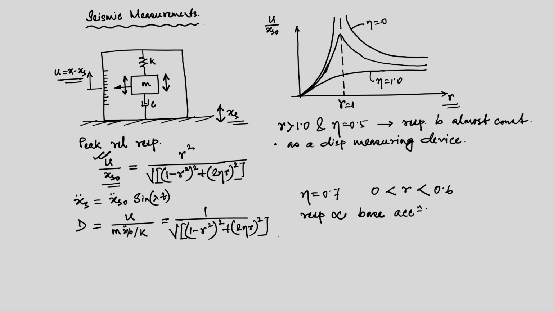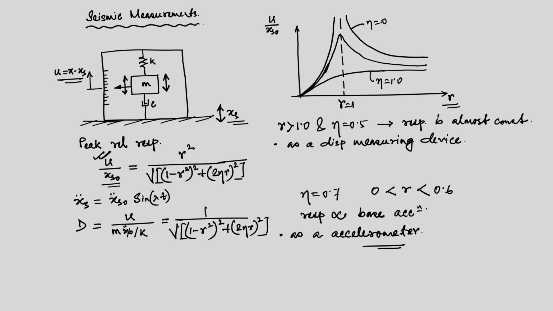So, under this condition, this instrument behaves as an accelerometer. Now, if we tune the parameters of this instrument in such a way that we satisfy these conditions, then you can use this as a measuring device, and just by tuning we can measure the displacement or accelerations. So, that is how it works.